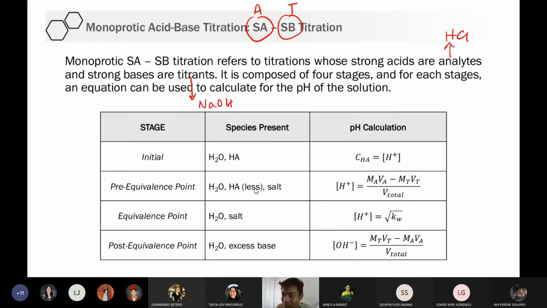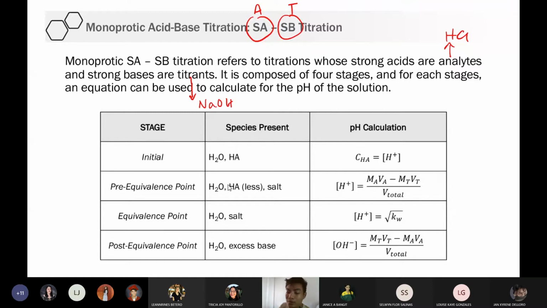When you add titrant, your acid will be lesser in quantity. And napoproduce yung salt. No? Okay? Ano yung salt? Yun yung acid plus base salt, di ba? Okay? So, again, at pre-equivalence point, you are adding small amounts of titrant and nababawasan yung acid mo.